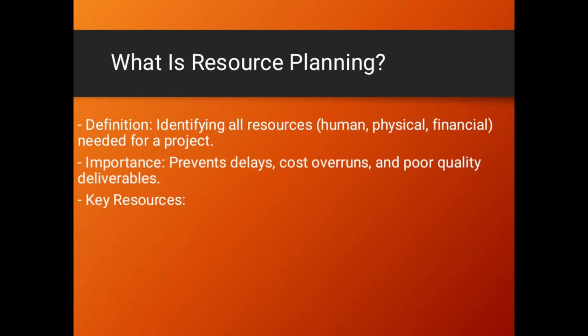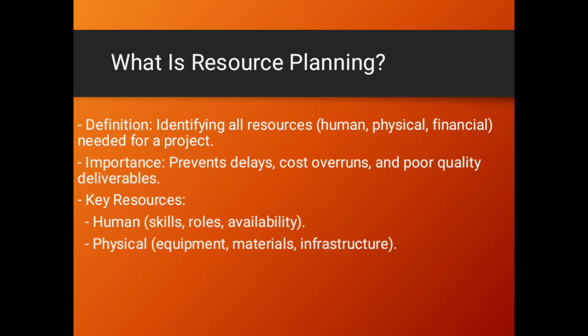Let's talk about key resources. Number one, human resources. So the people, that is the number one resource. The people have skills, they are given roles, and they are available to complete the tasks for a particular project.